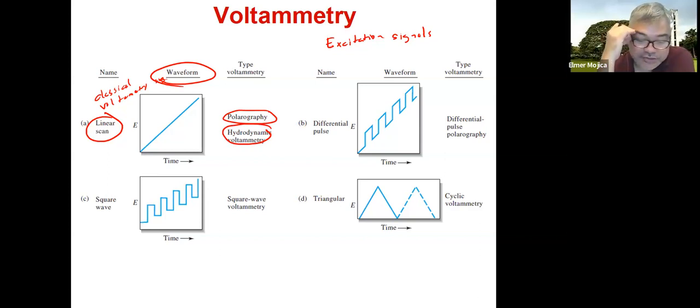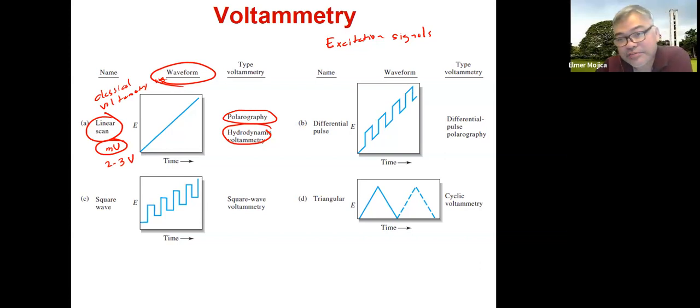The range of the complete span may be as small as a few millivolts, up to 2 to 3 volts. So we could say it's a very sensitive technique, and it gives you a very good signal.